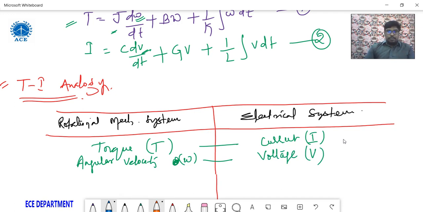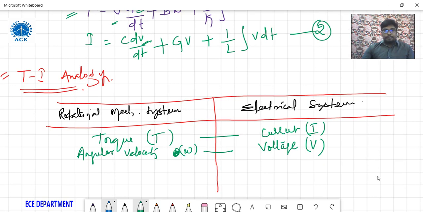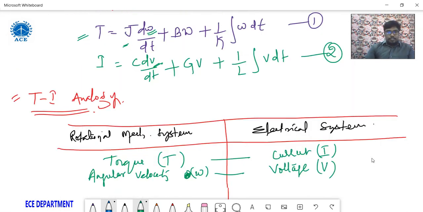I will change the pen here. Okay, I'll write with the same pen, no problem. Next is angular displacement. Theta becomes, see, angular displacement we are taking.